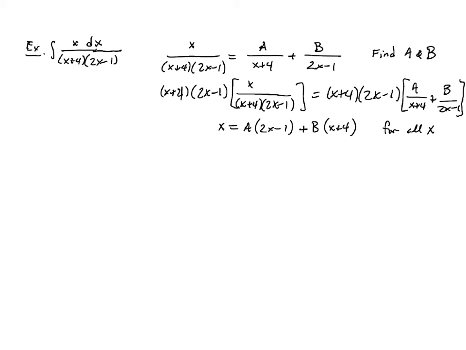So the way to solve it is to collect the like terms on the right-hand side. So that right-hand side simplifies to 2Ax minus A plus Bx plus 4B.